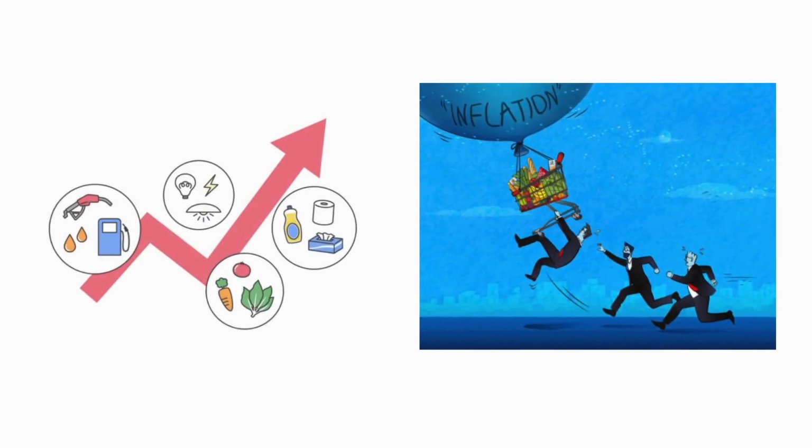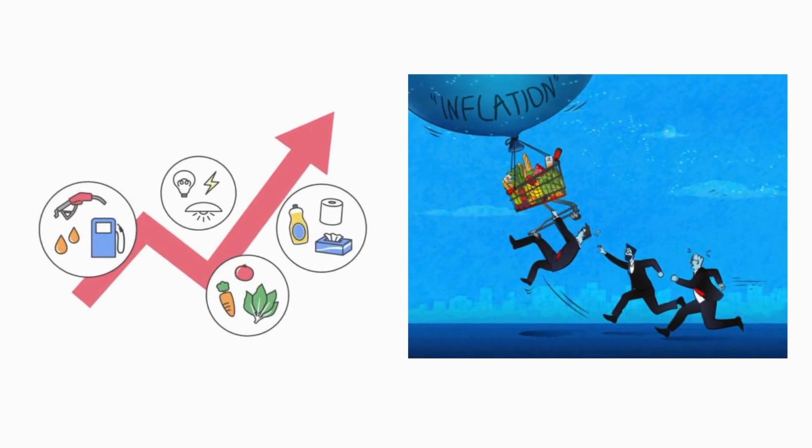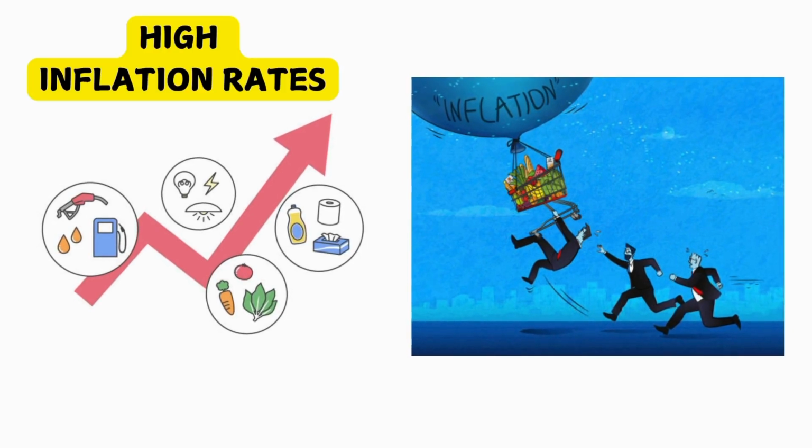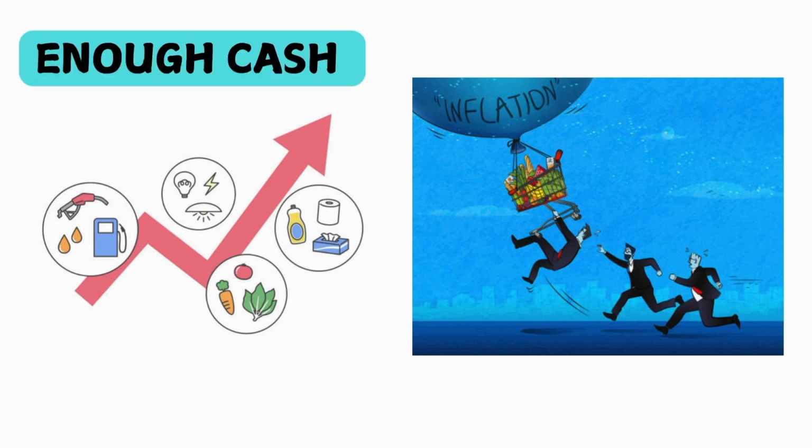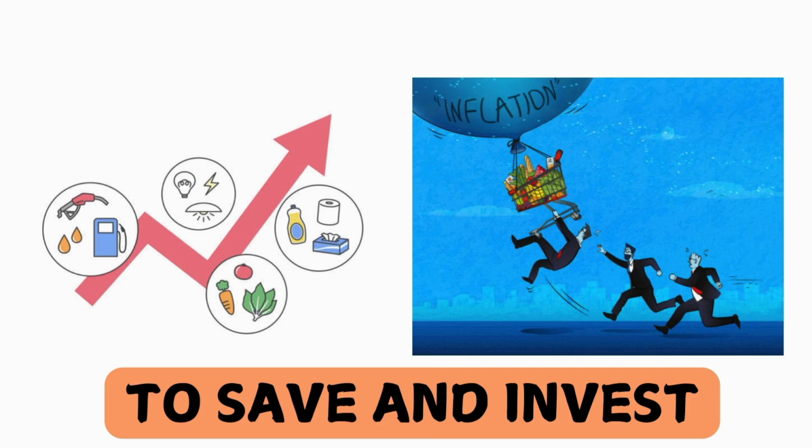The next big obstacle with these developing countries is that they suffer from high inflation. That is, the prices of goods and services are very high in their country, because of which people of these developing countries have to spend huge cash to buy these goods and services, and because of which they do not have enough cash to save and invest through stock markets.